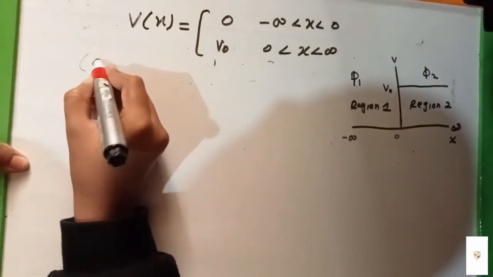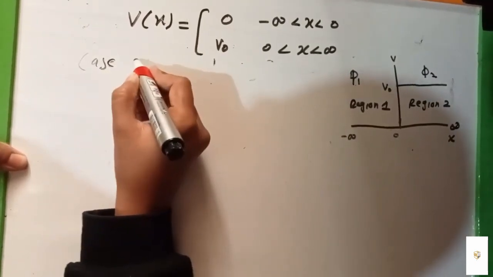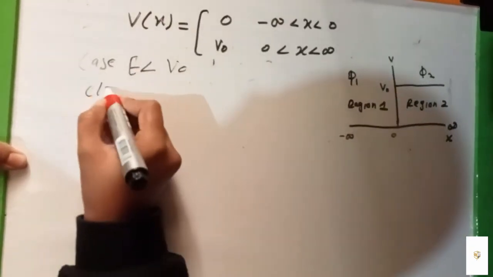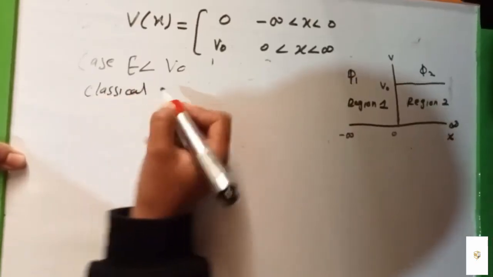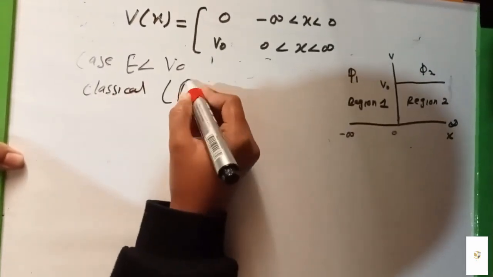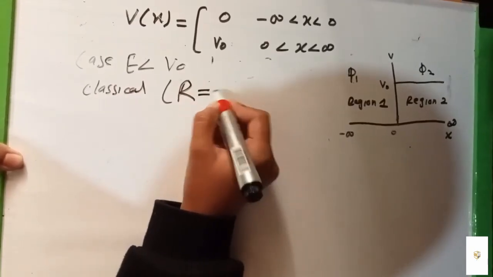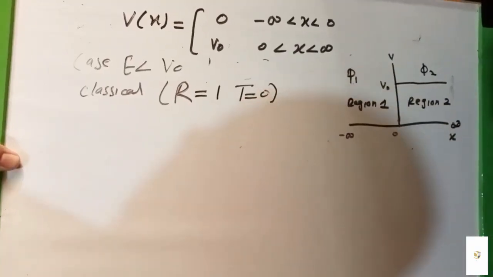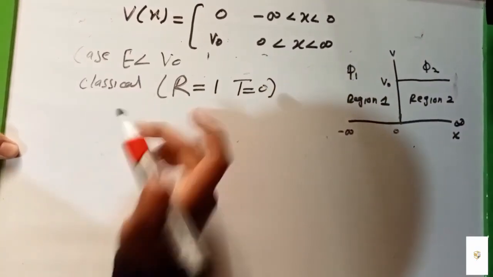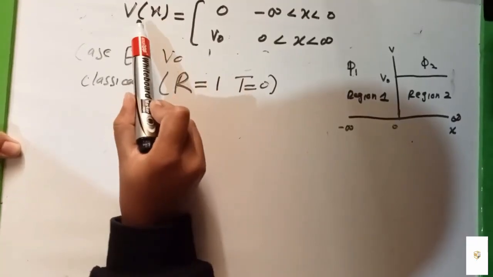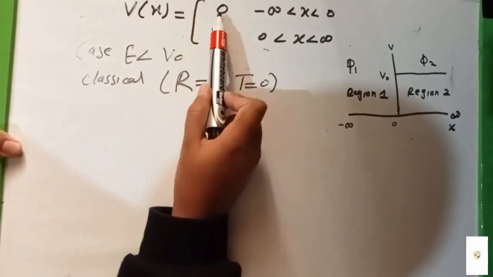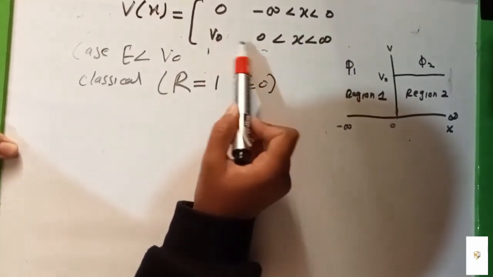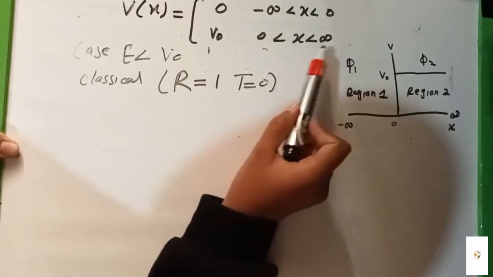Now we will consider the other case, when E is less than V naught. Then classically, reflection coefficient is equal to 1 and transmission coefficient is equal to 0. We have the same potential: V of x is equal to 0 from minus infinity to 0 and V naught from x equal to 0 to infinity.